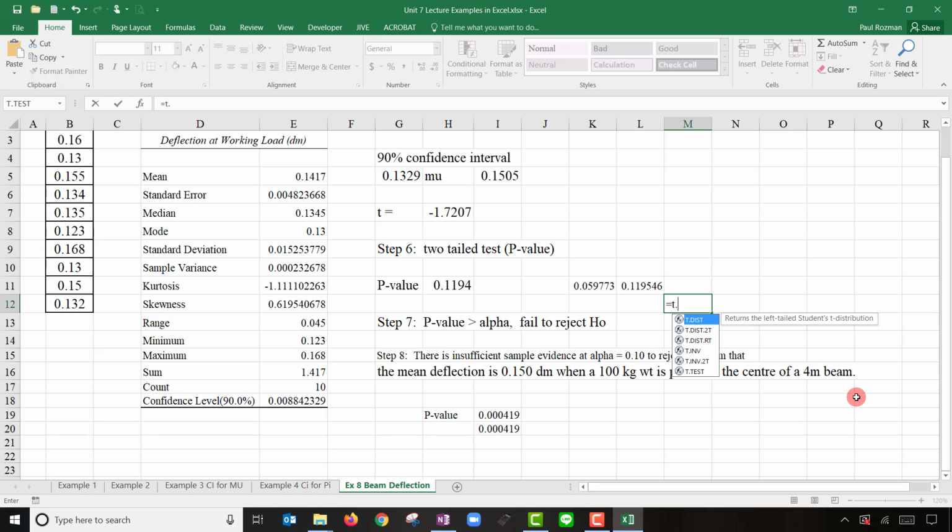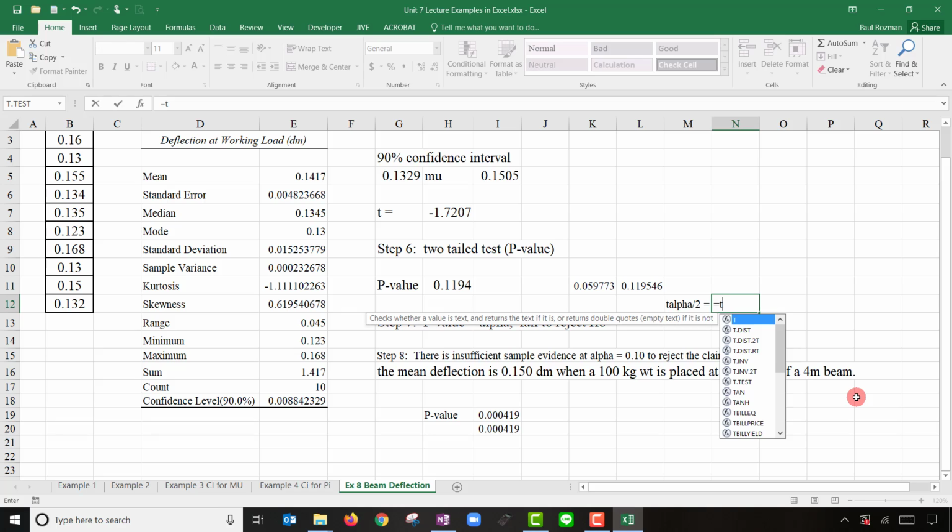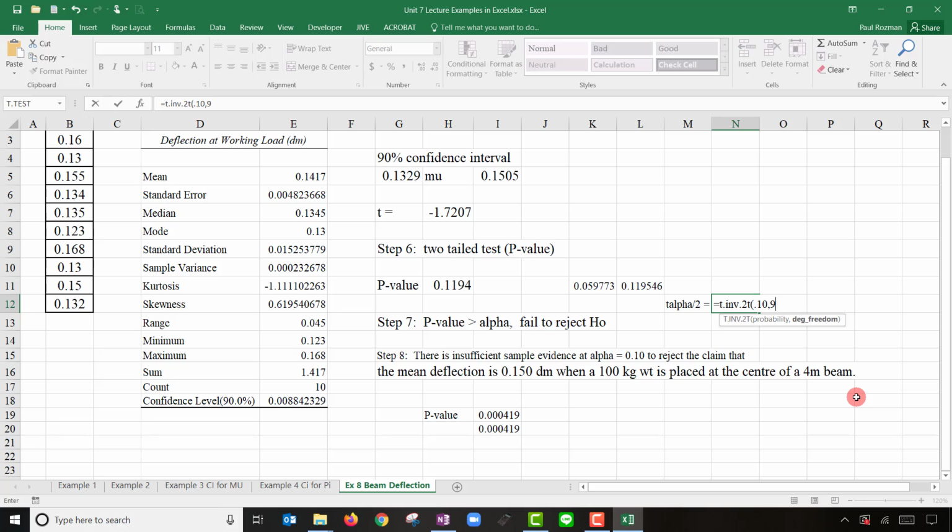So in our case, when we did it the traditional way, our t alpha over 2, we would say T.INV.2T. Our probability was 0.1. You remember alpha was 10%, and we had 9 degrees of freedom.